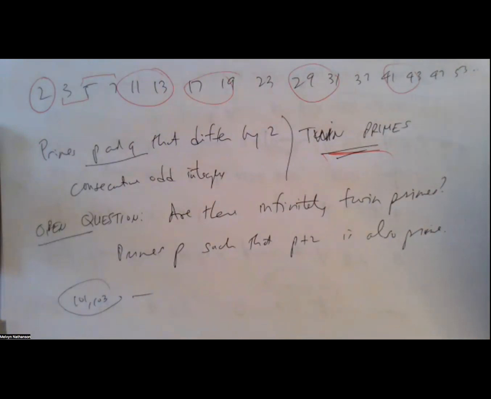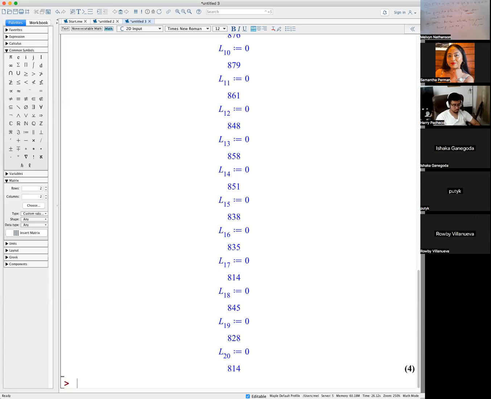Let me see if I can, on the spur of the moment, write a little Maple program to look for twin primes. Let's see. For n from, let's just start from 3 going up by 2, to 1,000.